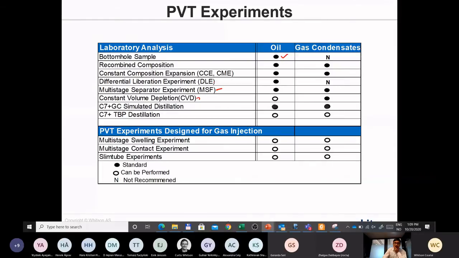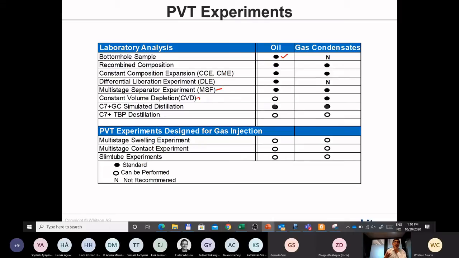So the CVD experiment is generally a very close representation of the depletion performance of your gas condensate reservoir. Whereas in the DLE experiment, the way it is done, you start with a total composition, and since it is generally done for oil, you have a total composition of oil. But if you do it for a gas condensate, you will have only the gas phase, and then you deplete it, you get the equilibrium oil, and then you remove the entire gas out of the PVT cell.